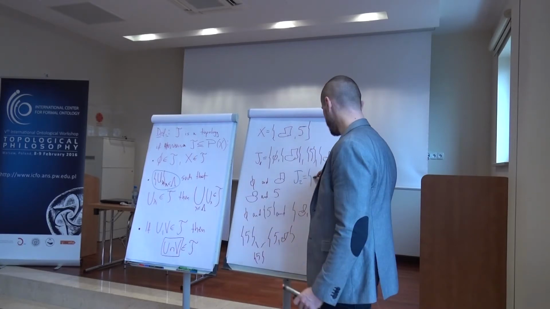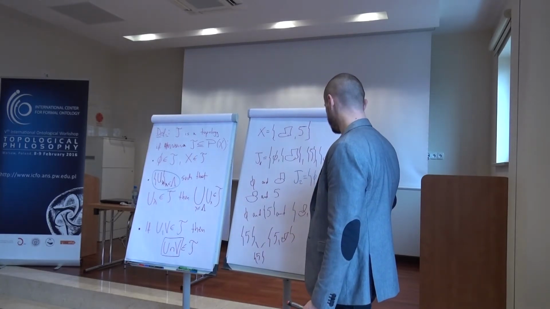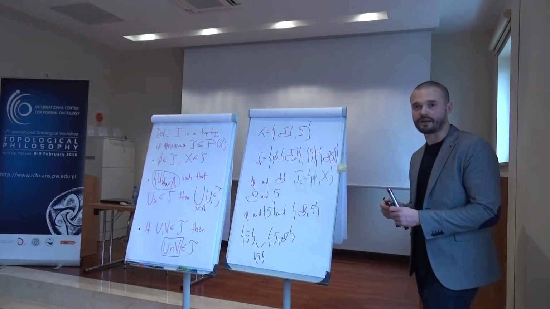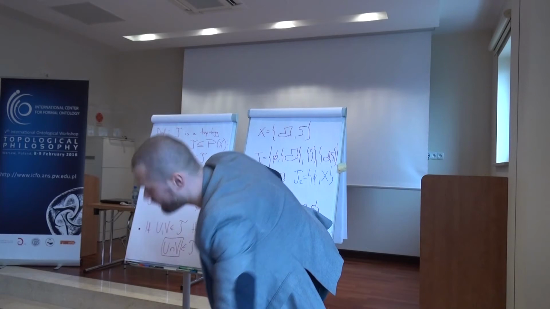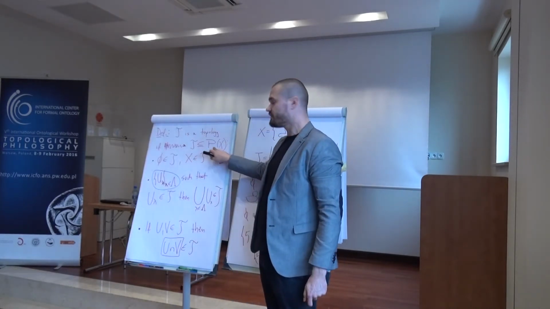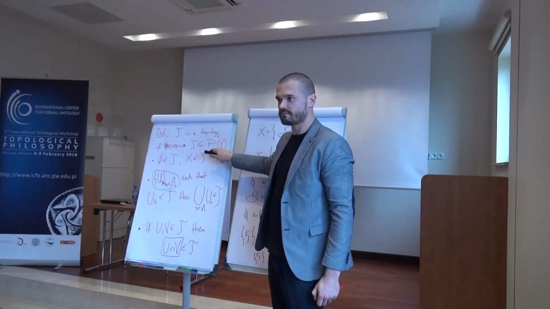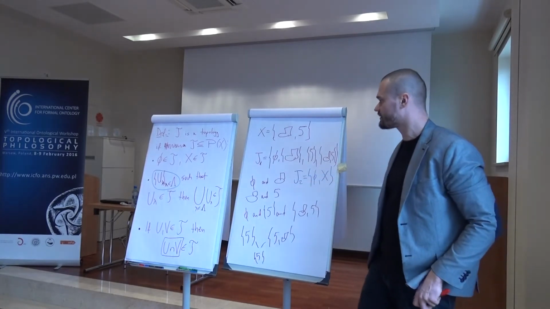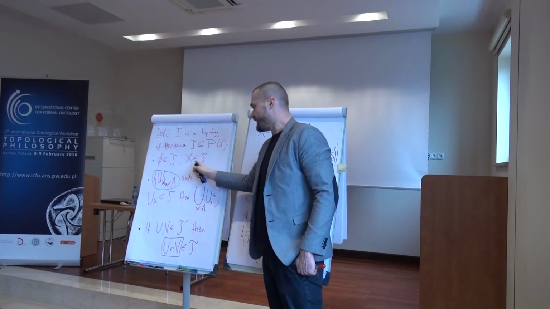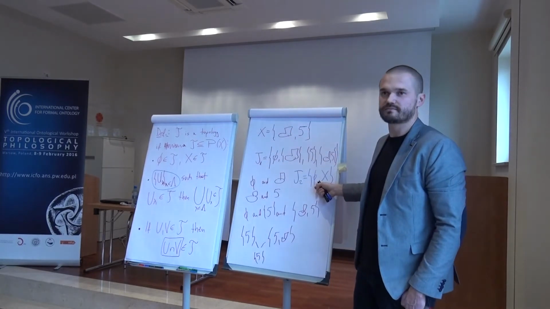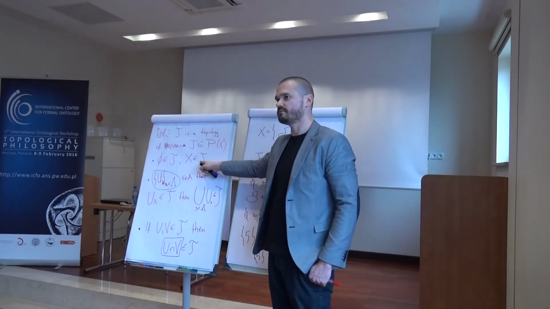You say empty set and the whole space X, right? Very good example. Why? Because, let's check it. It is contained in the power set, right? Because empty set and X are subsets of X. Empty set and X are elements of this. So this condition is fulfilled, right?